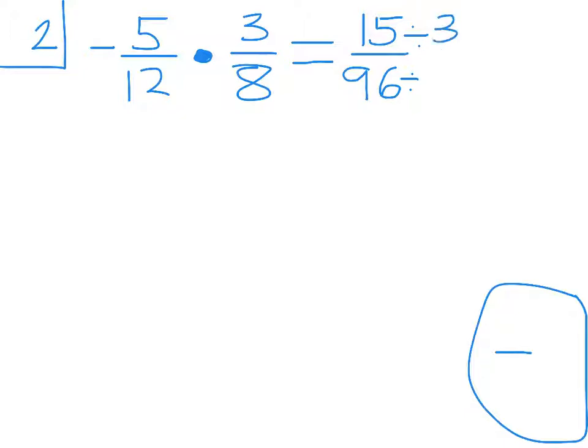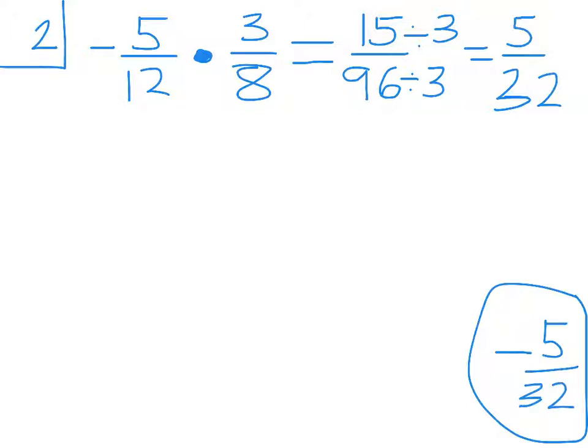Luckily for you guys, I know that 3 does. 15 divided by 3 is 5, and 96 divided by 3 is 32. Since that's all the way simplified, I'm just going to put it with my negative sign. That's the answer. So -5/32 is what you should get.